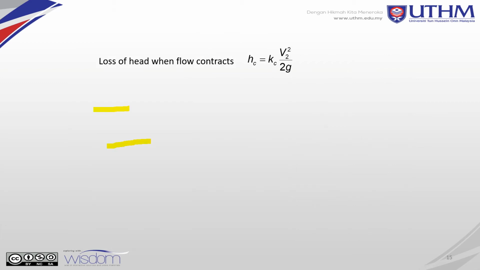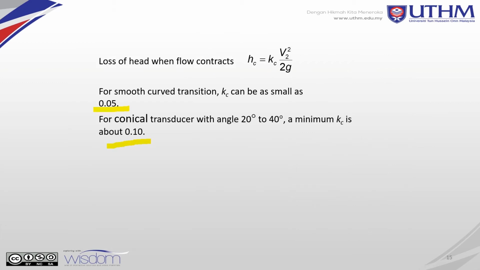For the loss of head when flow contracts through a smooth curved transition, KC can be as small as 0.05. For a conical transition with an angle, the minimum KC is about 0.1. No need to worry about all this.